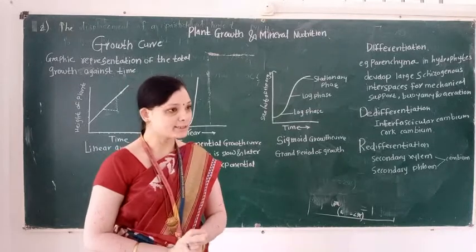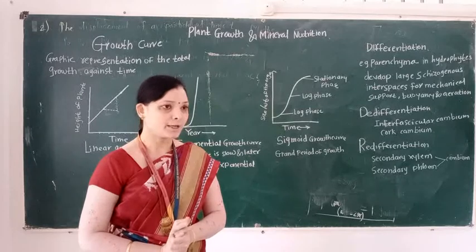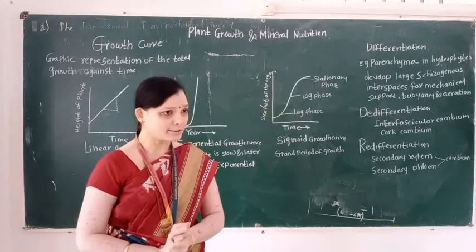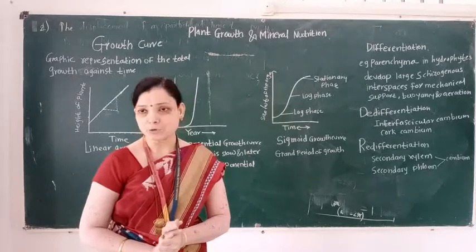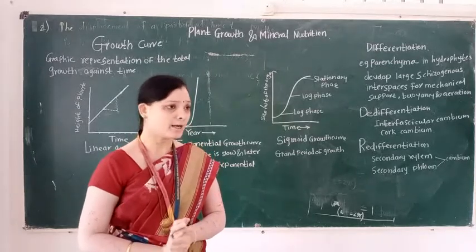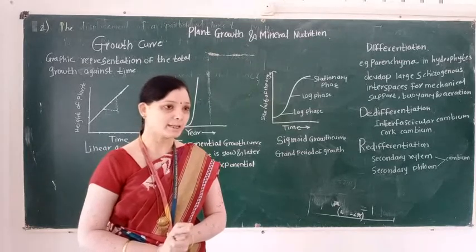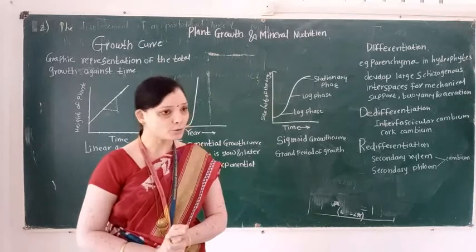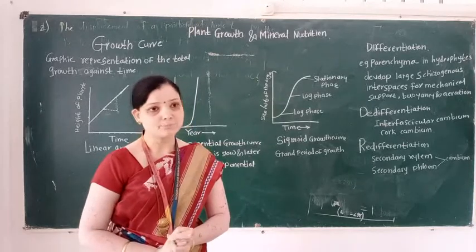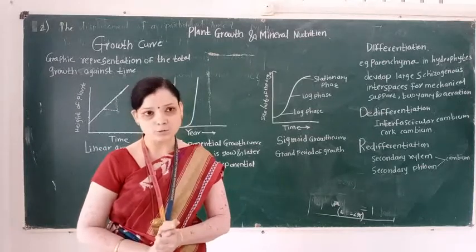In the previous lecture, we learned the types of growth, absolute growth rate, and relative growth rate. There are two types of growth. First is arithmetic growth and second is geometric growth. In arithmetic growth, a meristematic cell undergoes cell division and two daughter cells are formed.